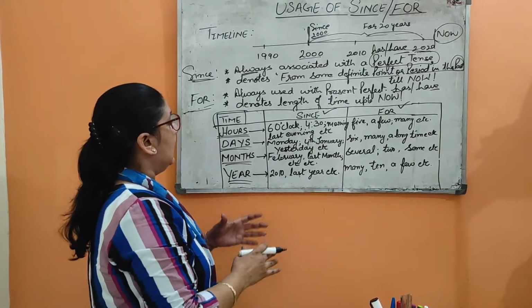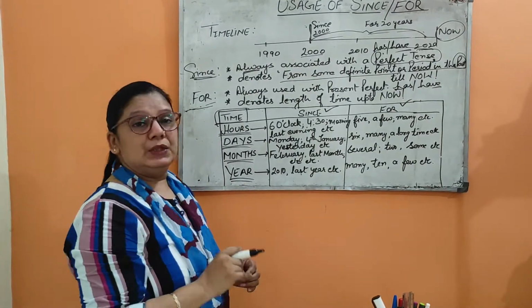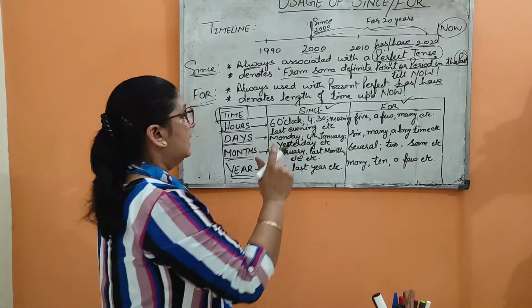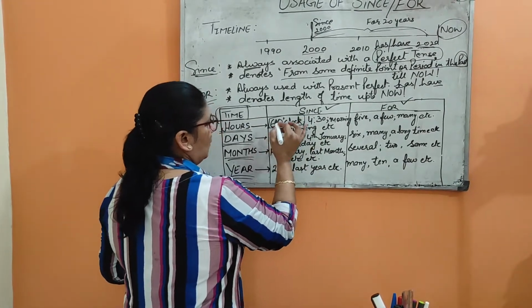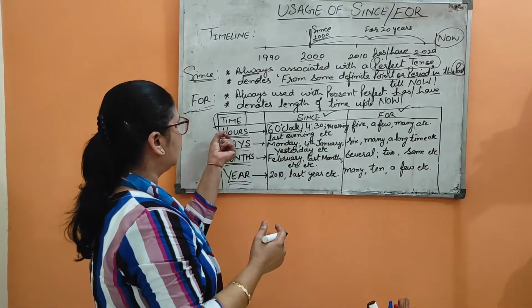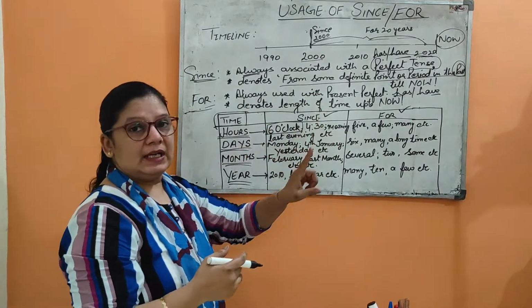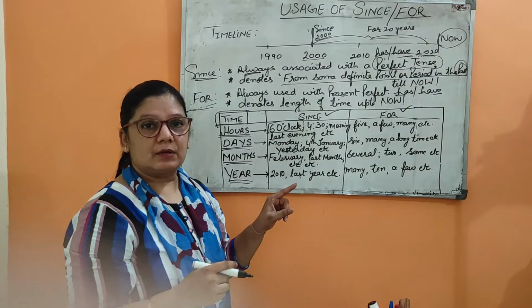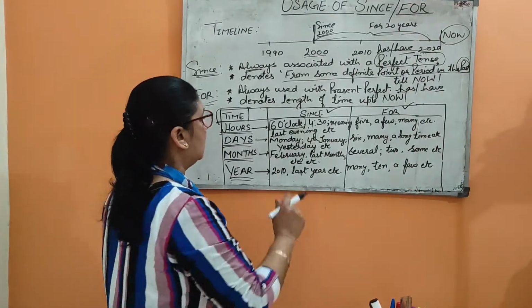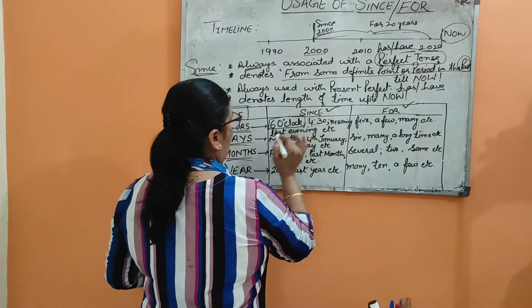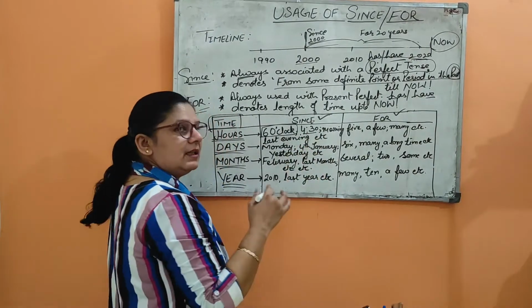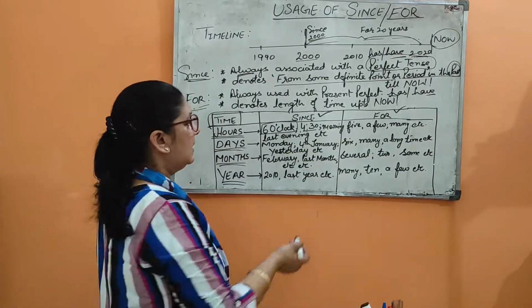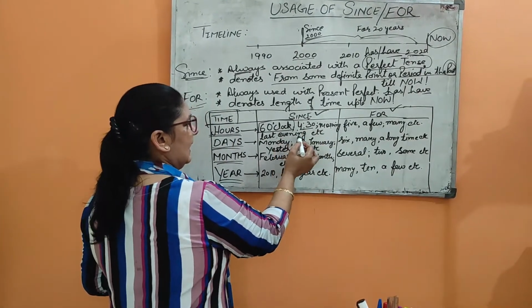If I say I have been doing this work, if it is 6 o'clock or 4 o'clock or 5 o'clock, I would be using since, not for. It means I have been working since 6 o'clock, not for 6 o'clock. Since 6 o'clock, since 4:30, either AM or PM, since morning, since last evening.